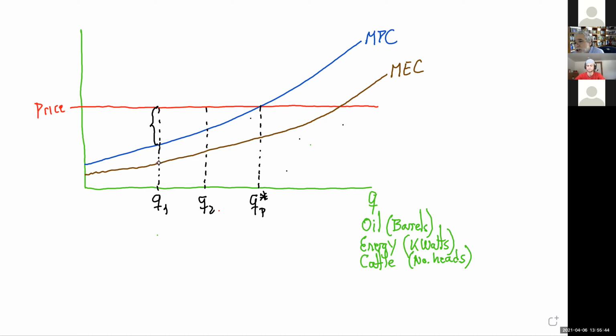But if you increase your production to Q2, those external costs are a bit larger. And if you go to Q asterisk, those costs at the margin are going to be even larger.